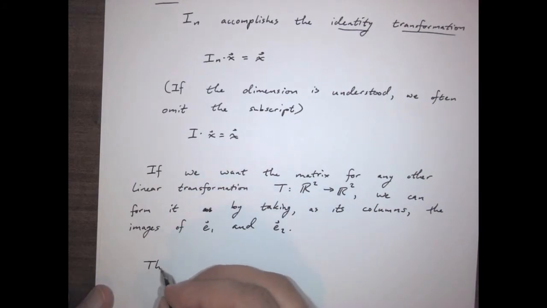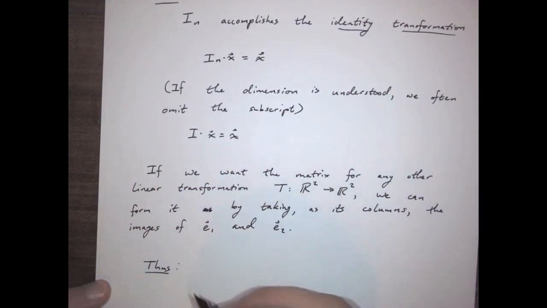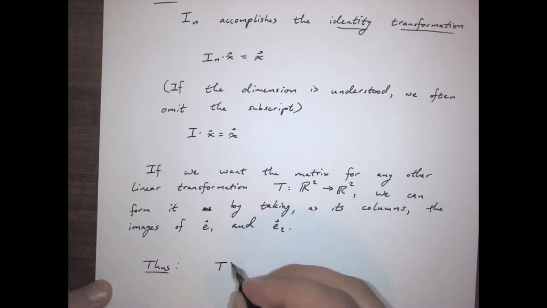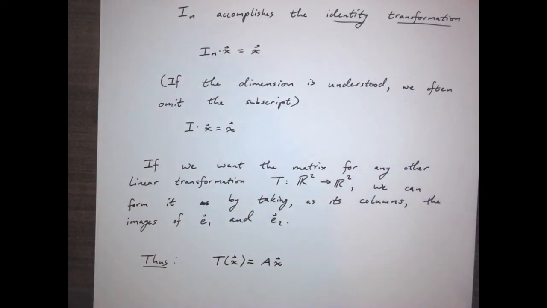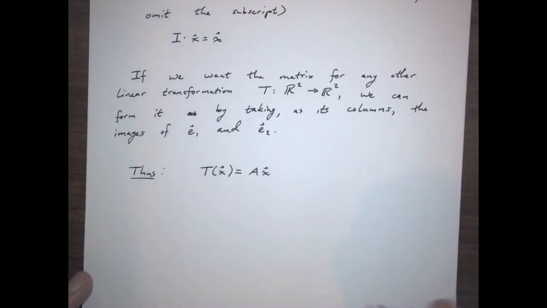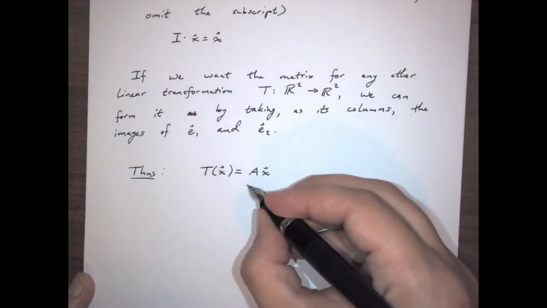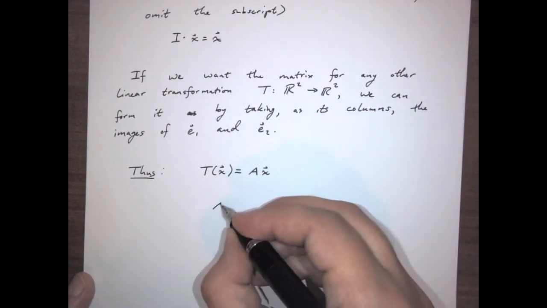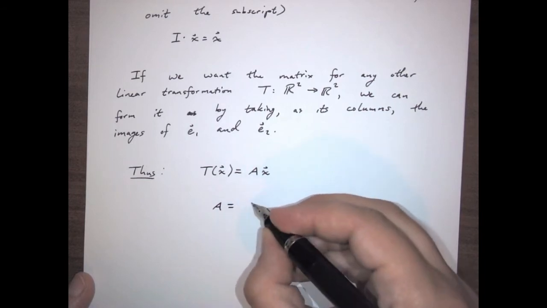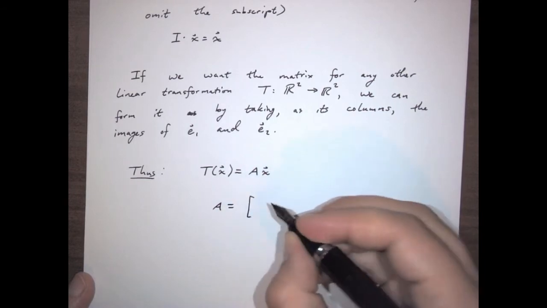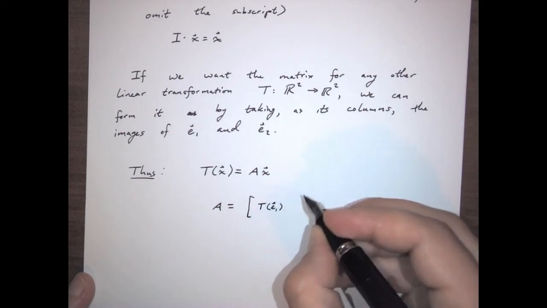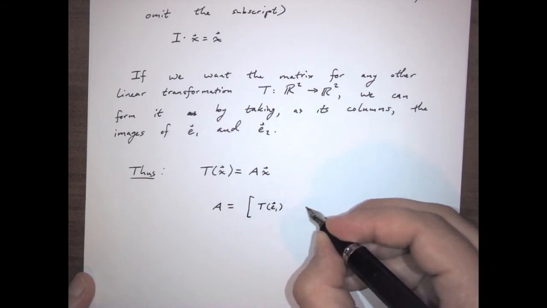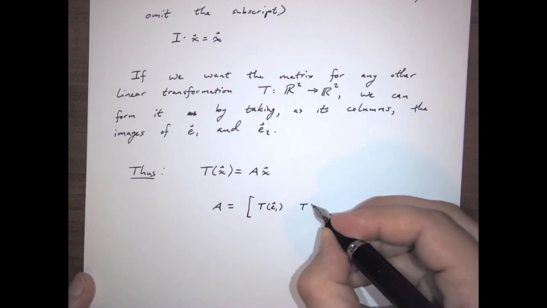So in particular, thus, if T of x is going to be accomplished by doing A times x, where A is a 2 by 2 matrix, then A is going to equal, first off, the image of E1, and then secondly, the image of E2.